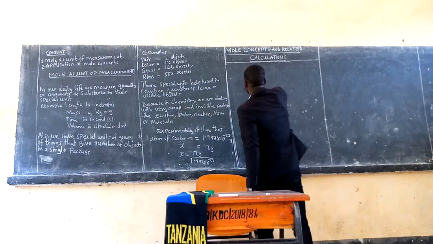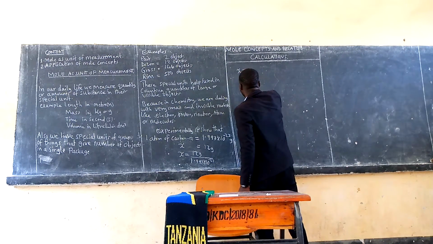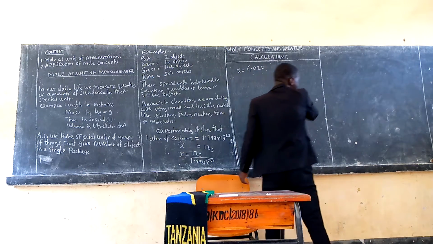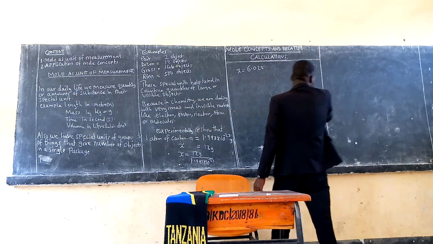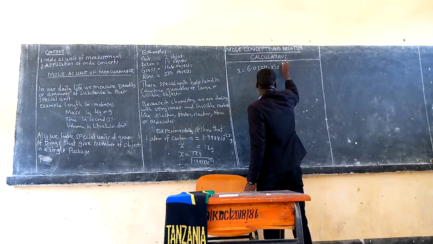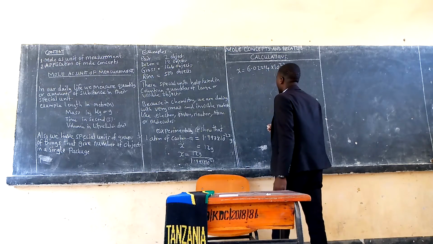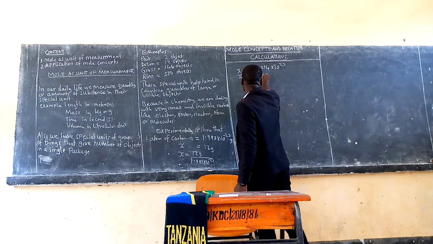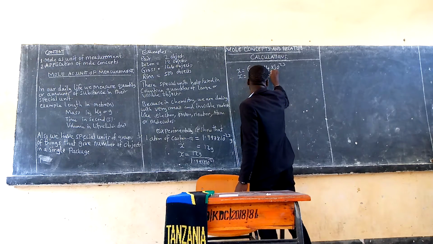Now this gives us a value of x equal to approximately 6.02214 times 10 raised to 23. This value is approximately 6.02 times 10 raised to 23.